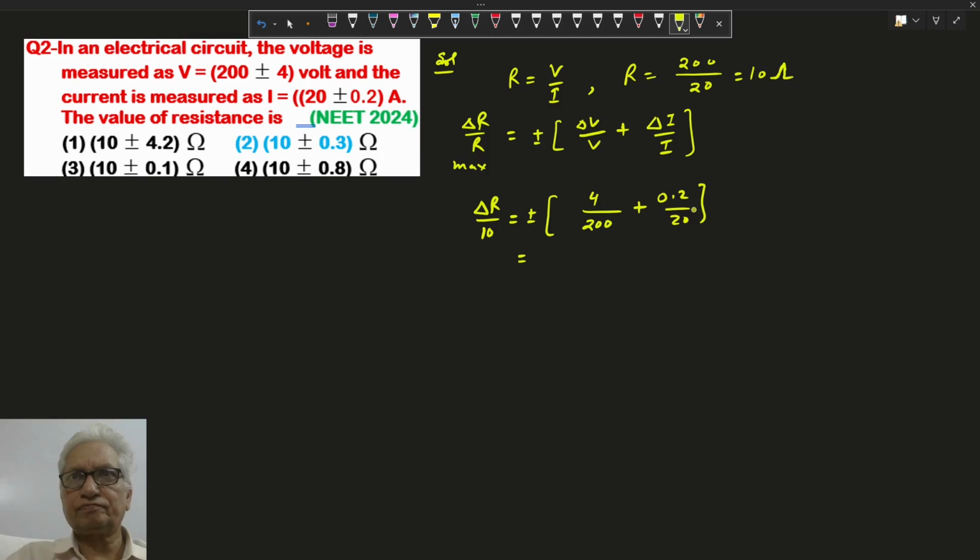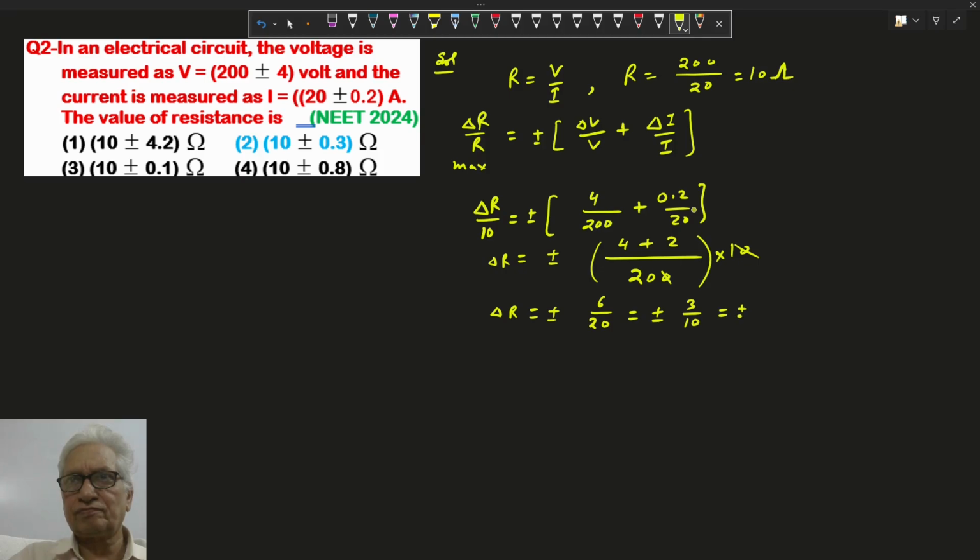Let's solve. Taking 200 as common, 4 will become 2, and delta R, 10 gets multiplied like this. So the error in resistance is 6 upon 20 times 10, or 3 by 10, 0.3 ohm.